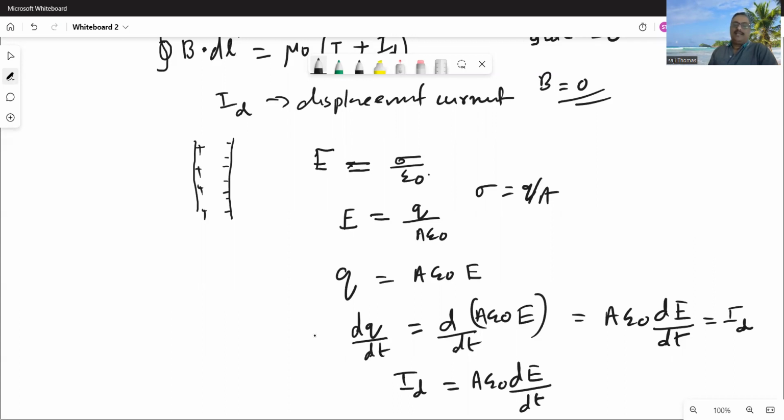See the equation: A epsilon 0 into dE by dt. If the electric field varies with time, only then does this current exist. If the electric field is not varying, there is no displacement current. So this is the equation for displacement current.